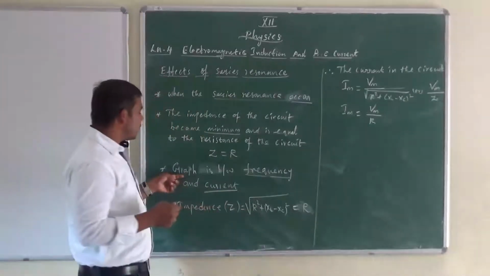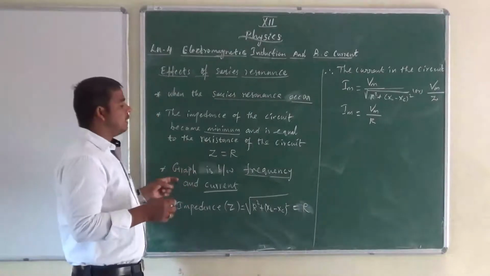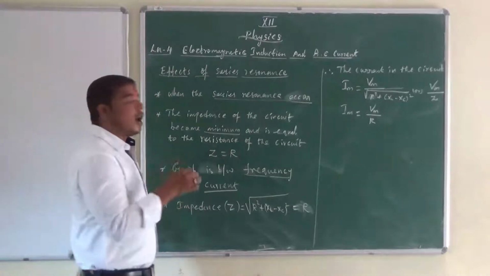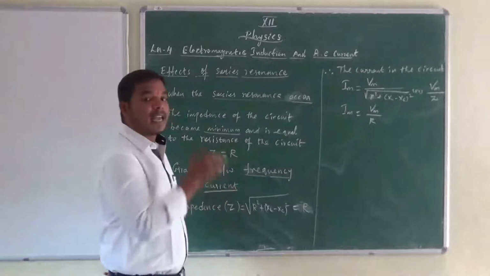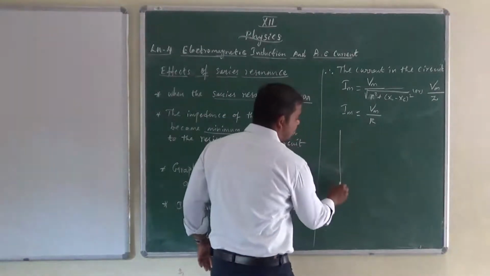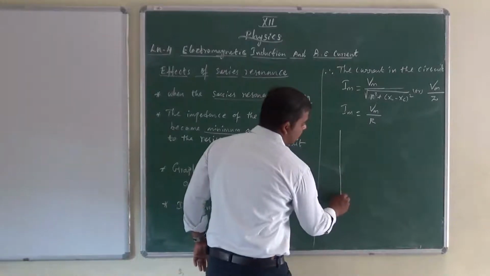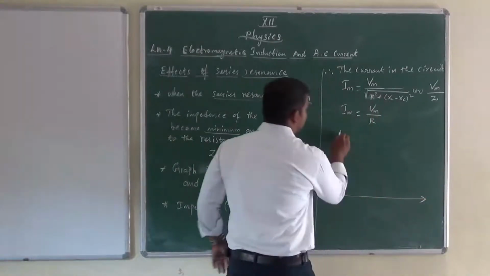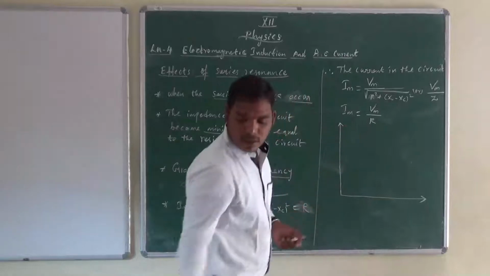So see here the graph; you can draw the graph between frequency and current. How can resonance be obtained? First we will draw the X and Y axes.